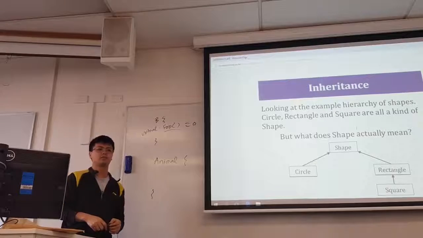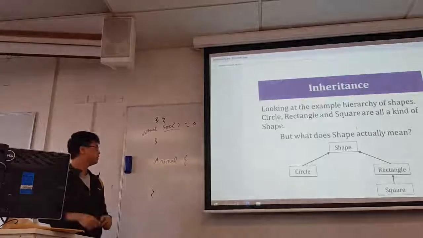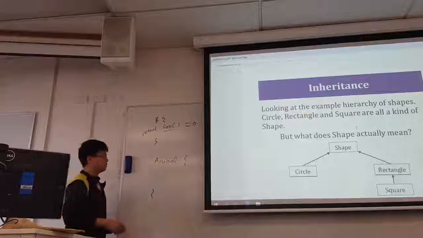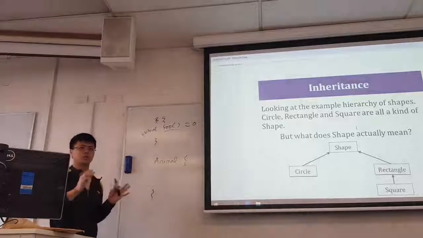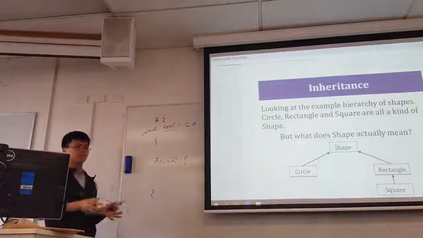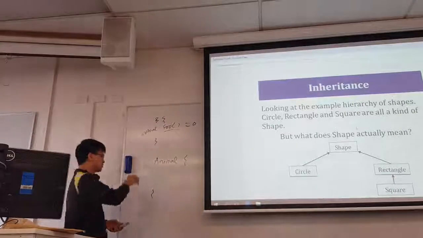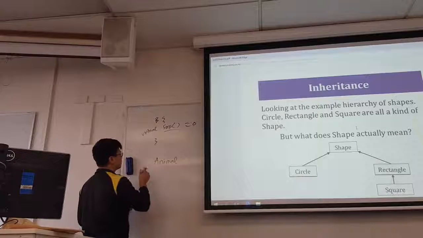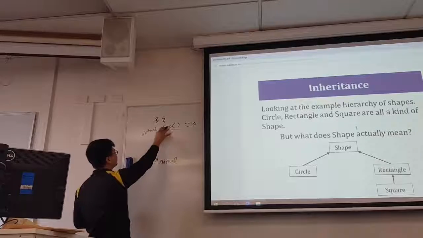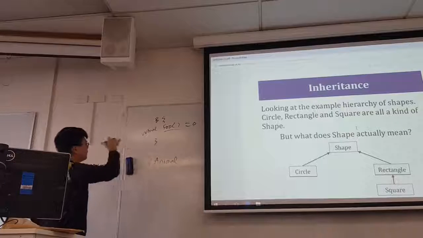Is it a cat or a dog or a baby? Right? So in terms of language, it doesn't make sense to have an object that is an animal. An object has to be something more specific than animal. So here, it makes sense to have these.